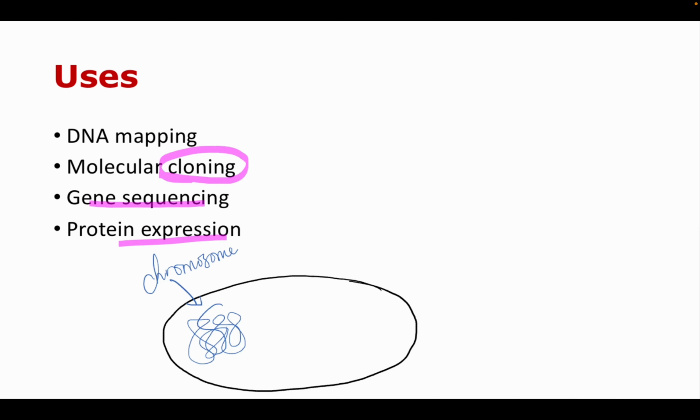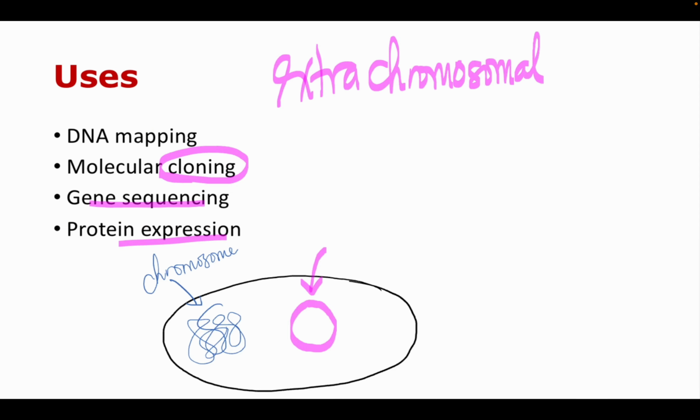Another one, you have this structure, and it is outside of the chromosome. That is an extrachromosomal structure, which we call a plasmid.